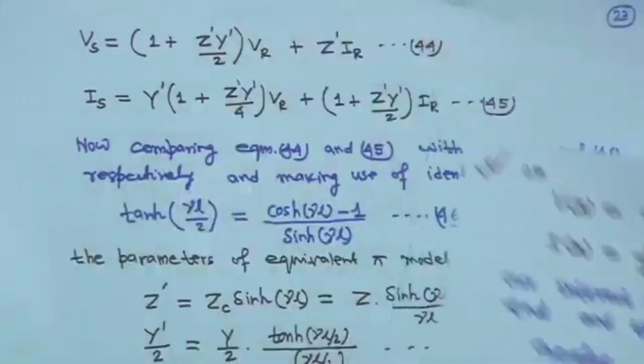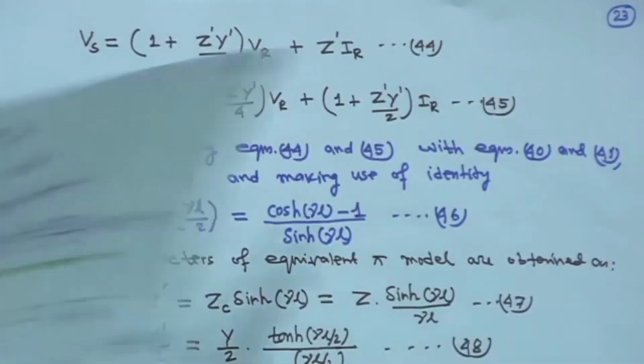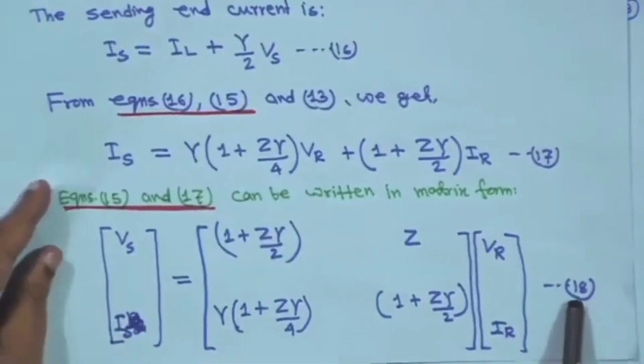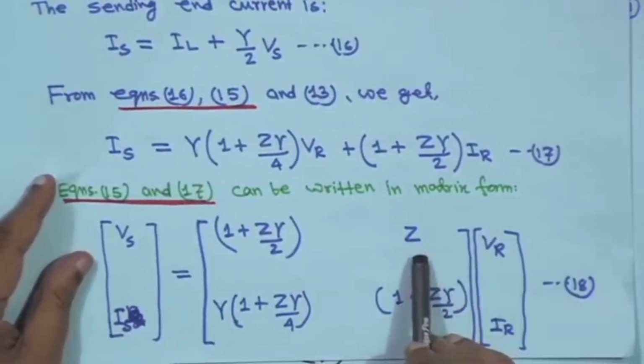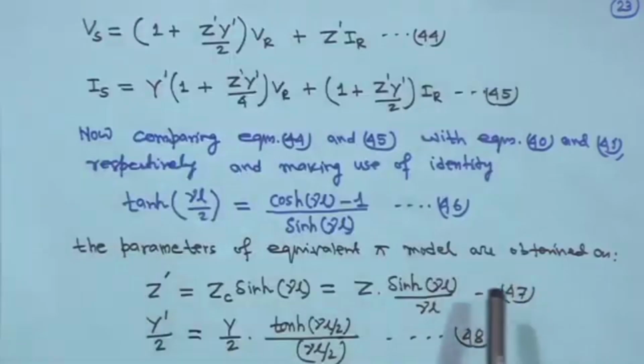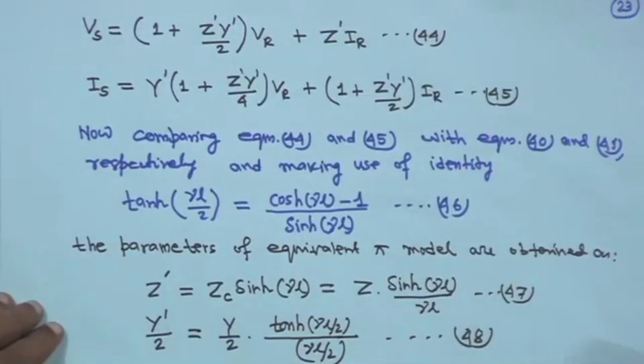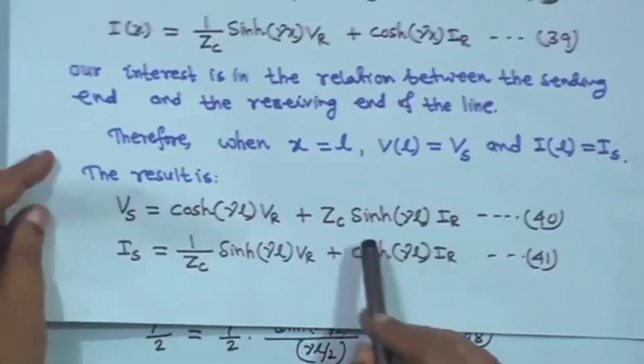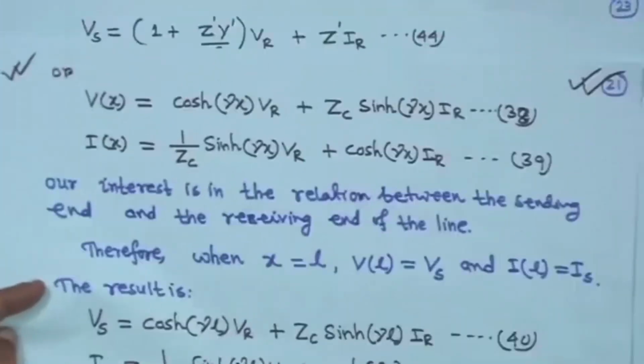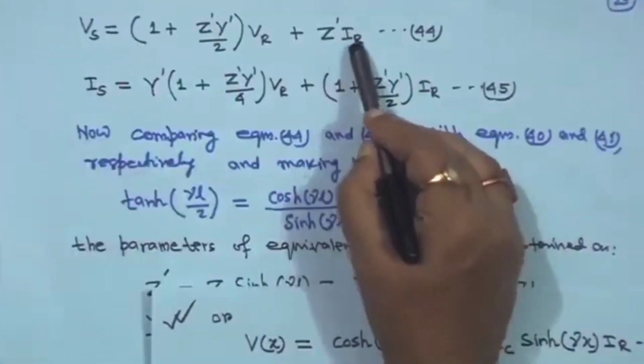From equation 18 for the normal pi, you know B is equal to Z. But here, instead of Z, we are writing Z dash.